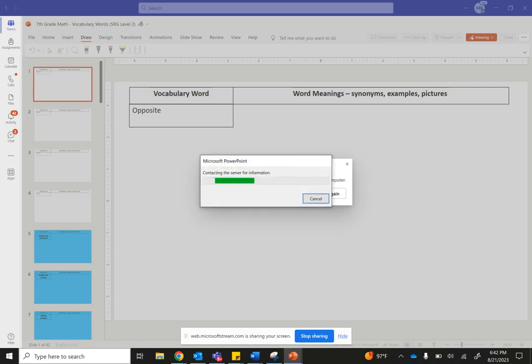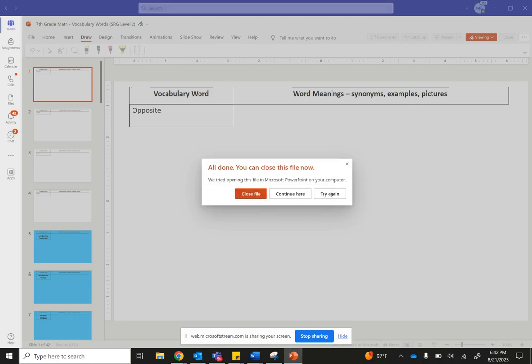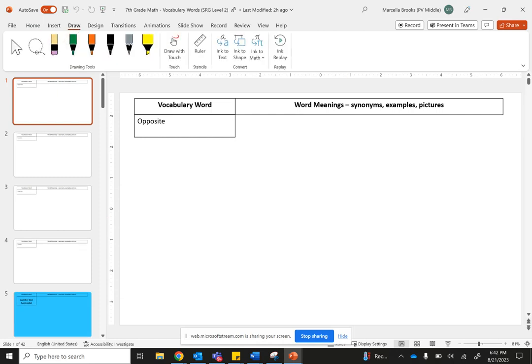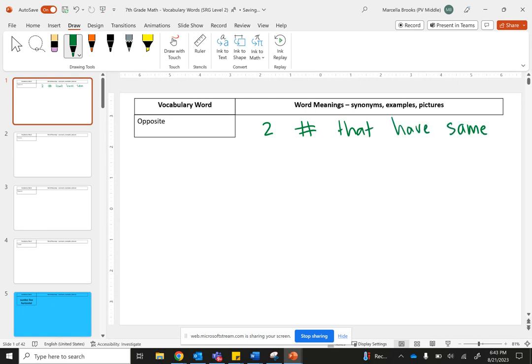It won't let you edit from here. So opposite. Our definition is two numbers that have the same distance from 0.